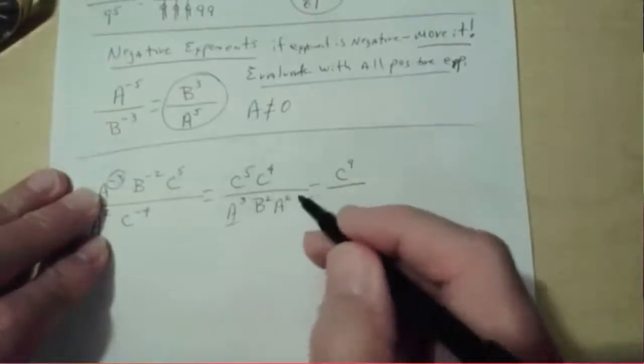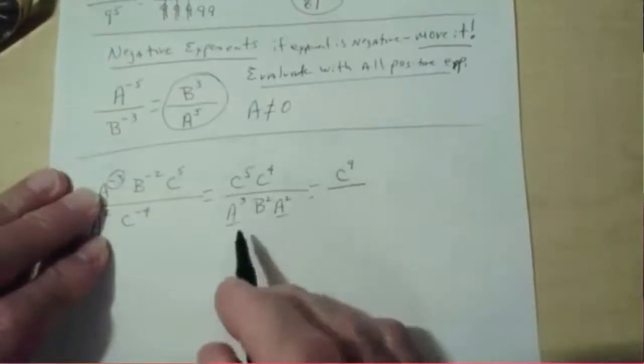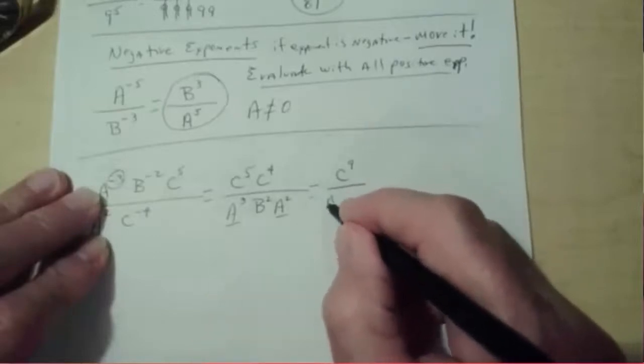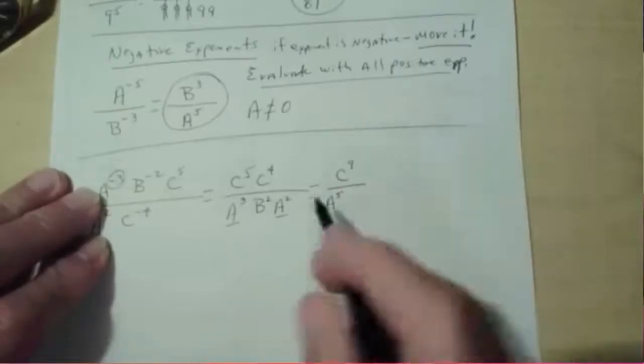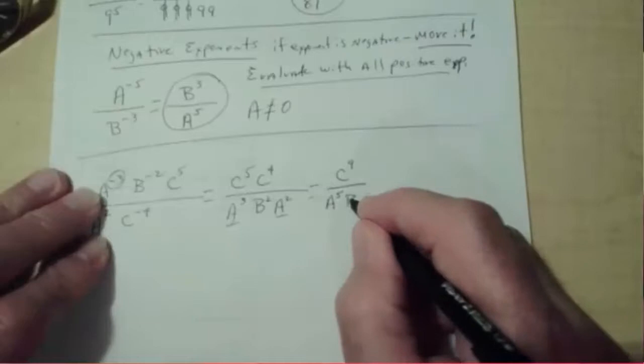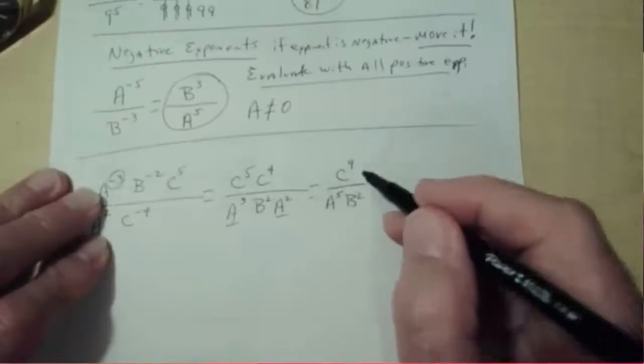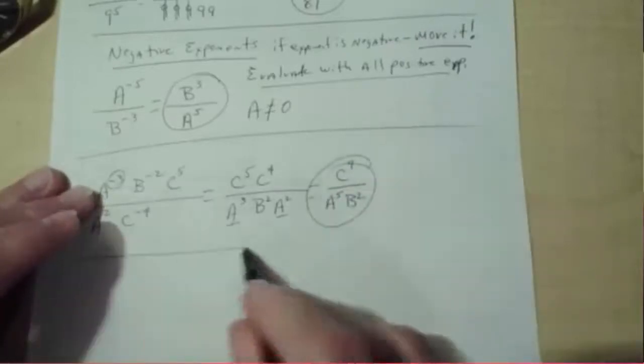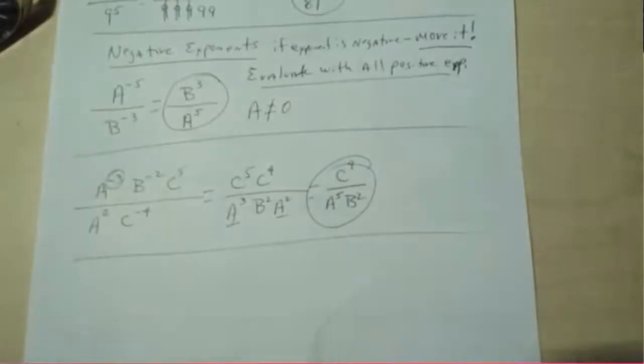Now we have a and a here, so it's going to be a to the 5th because we have the same base numbers. We're multiplying, so we add the exponents, and b squared. Anything else we can do there? Not a thing. That's all. Now, the power rule.